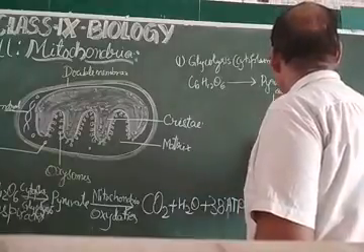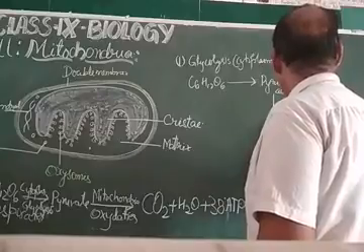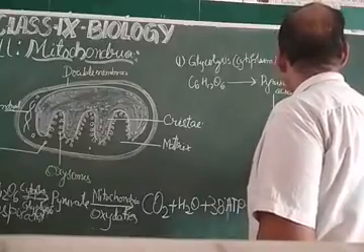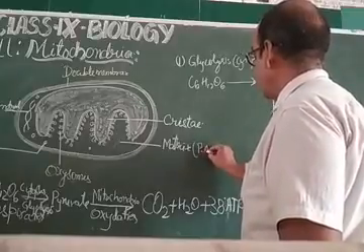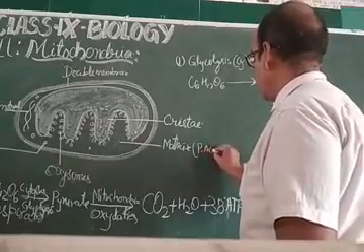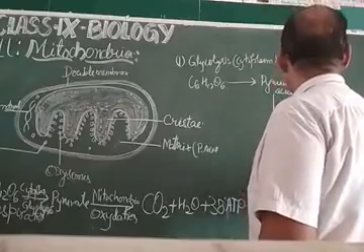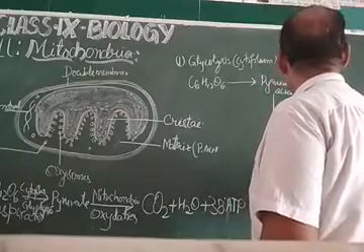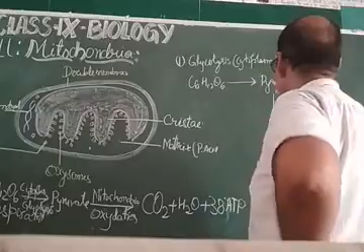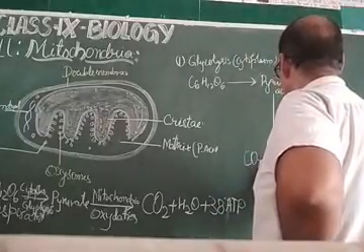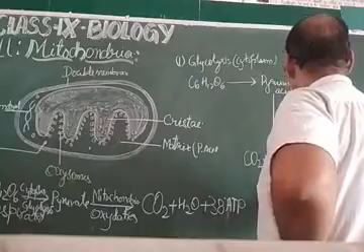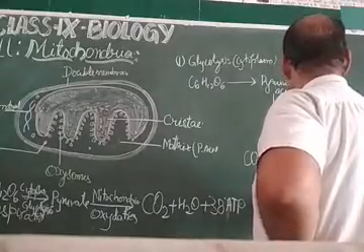Then this pyruvic acid is available in the matrix of the mitochondria, and it results in the formation of CO2 plus H2O plus 38 ATP.